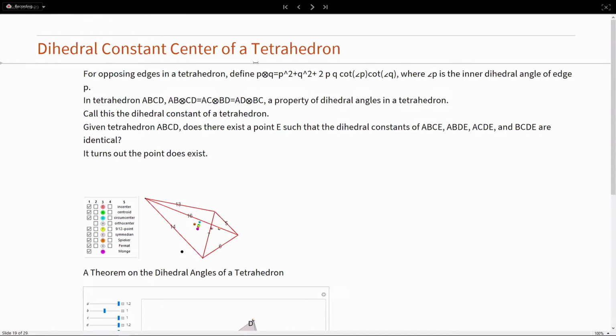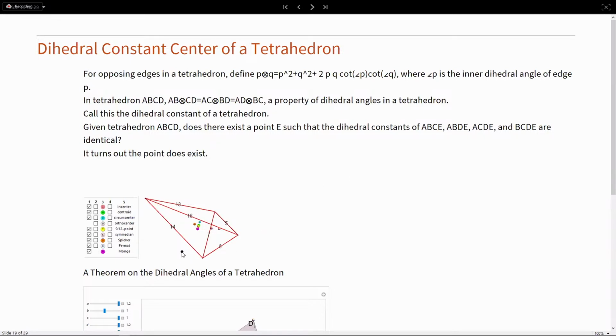Here's another new center I found a little while ago. Opposing edges, if you define them like this, you get a constant. It's the same for each pair of edges in a tetrahedron, and it's called the dihedral constant.